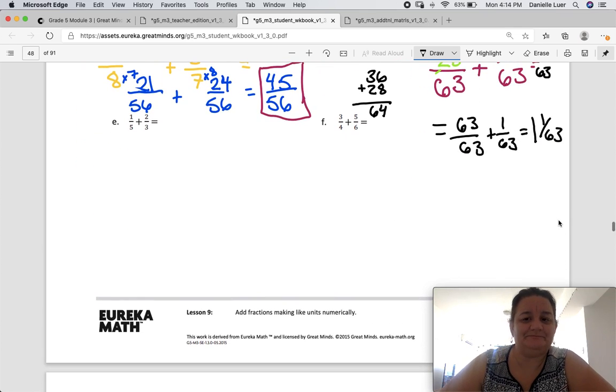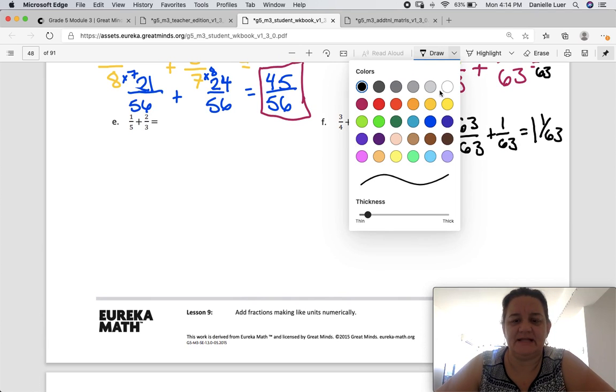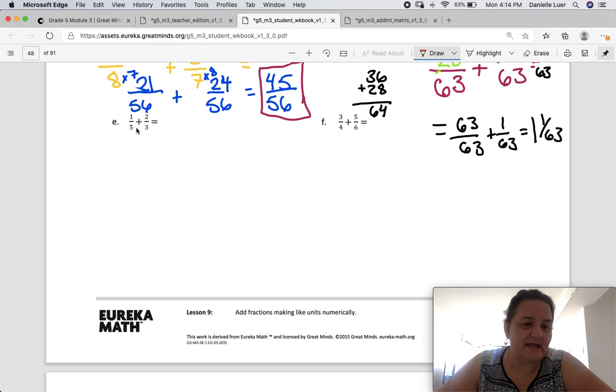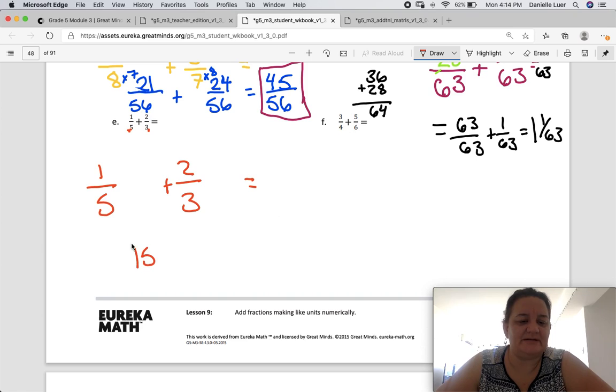Next one, E. I like that black. It's very bold. Okay. Again, we're going to just multiply our denominators. So 1/5 plus 2/3 equals, and I think we're going to come up with denominators that have 15 in the bottom there.